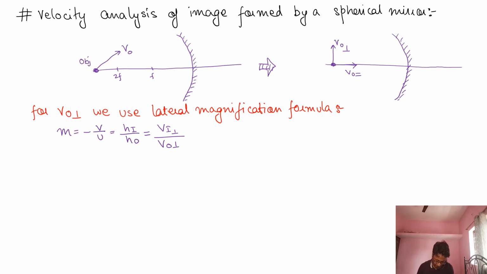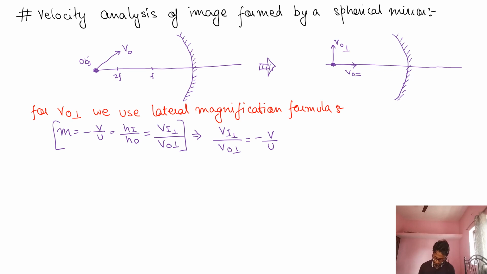So using this formula we can directly say that velocity of image perpendicular to the axis by velocity of object perpendicular to the axis is equal to minus v by u, which is the magnification. So velocity of image is equal to magnification into velocity of object.